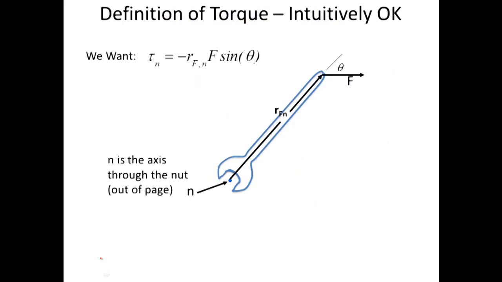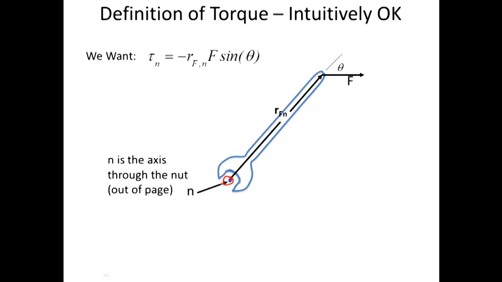Now I'm going to present a definition of torque, which is shown here, and it's motivated by what we just saw, so it's going to be intuitively okay. Here's the idea of the amount of twist, or the amount of torque. In the first place, we're talking about the torque around a particular point, which is N here, where the nut is, the axis of the nut.